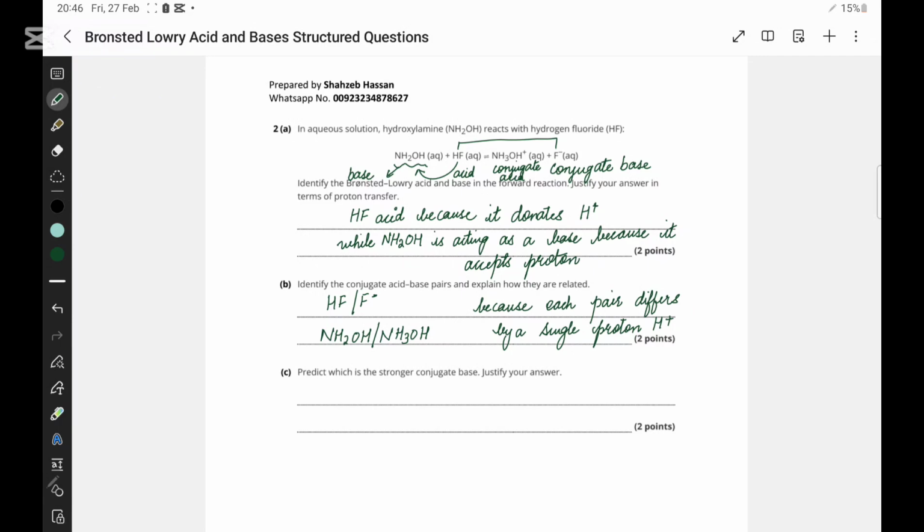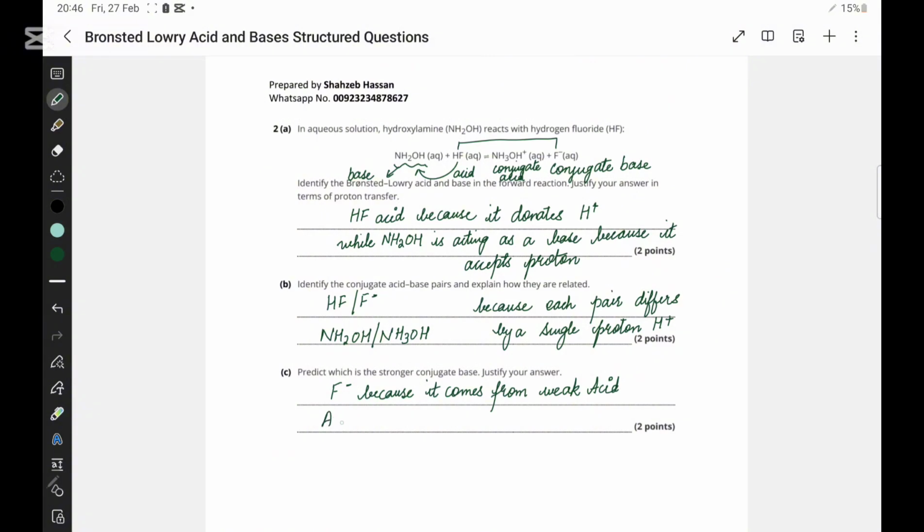Predict which is a stronger conjugate base. It is going to be F minus because it comes from a weak acid. So the conjugate base is the one that comes from a weak acid.